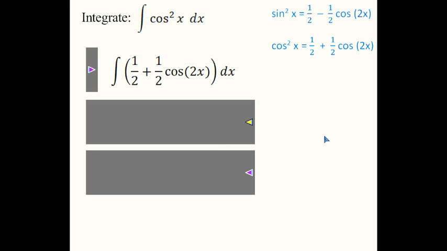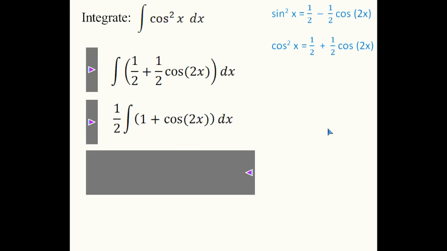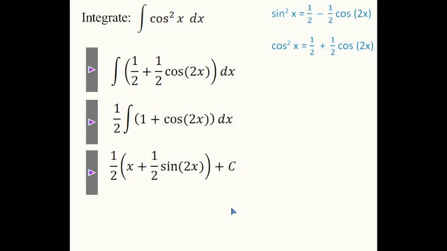We see that there's a 1/2 in each term, so we can go ahead and factor out that 1/2. And now we can integrate that fairly easily. So the integral of 1 is just going to be x, and the integral of cosine 2x is going to be a positive 1/2 sine of 2x.